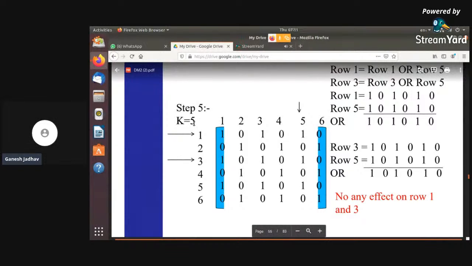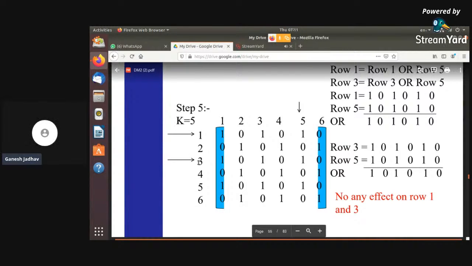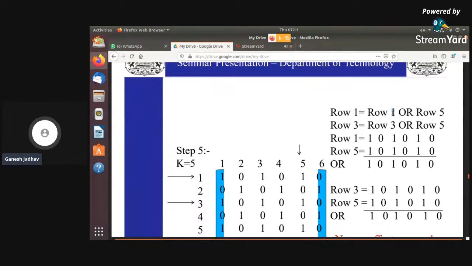Then take k is equal to 5, and find out where there is 1. You can find 1 here, in the first row and third row. So you have to modify the first row and third row. Why row 1? Because here is 1 now.